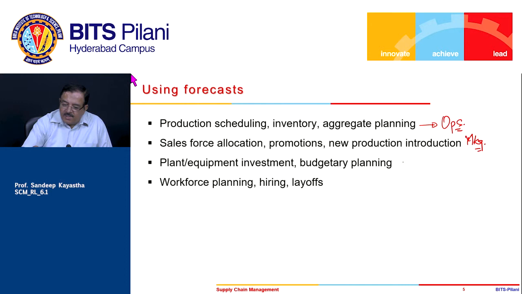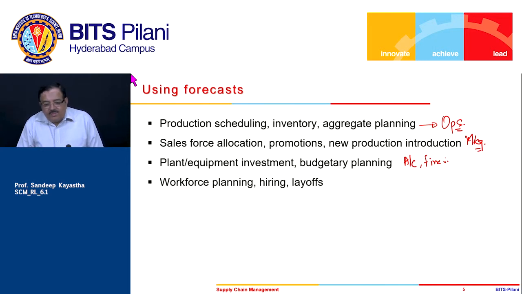And people in accounting and finance also require forecasts for what kind of investments are to be made based on the forecasts made by the marketing people. They also require forecasts about their revenues and their costs so that they can do budgetary planning.